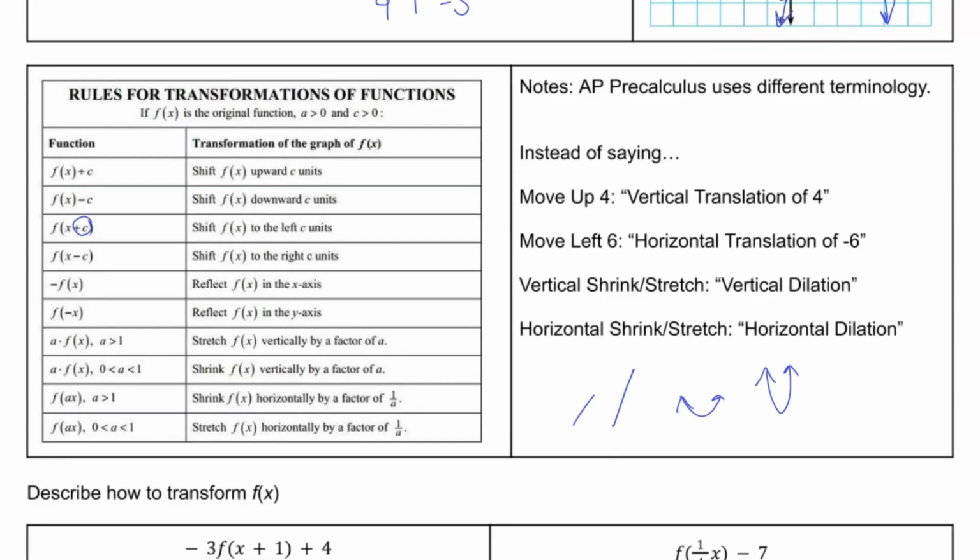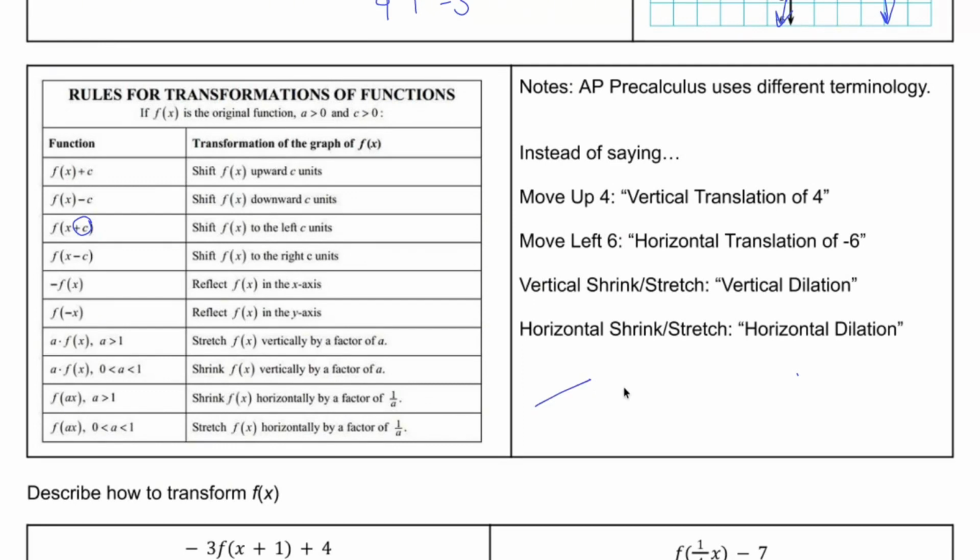All right. Similarly, instead of multiplying the whole function by a number, if we multiply just the x values by a number, it's going to do the opposite, just like it did moving left or right. If you multiply your x value by a 2, it shrinks it. Okay, it actually makes it skinnier horizontally.